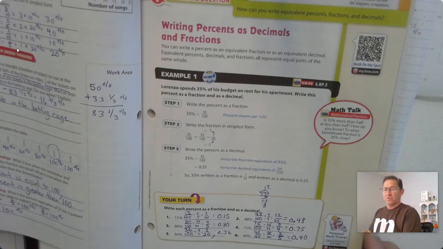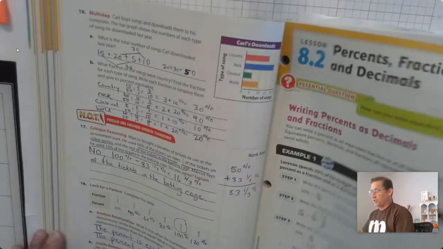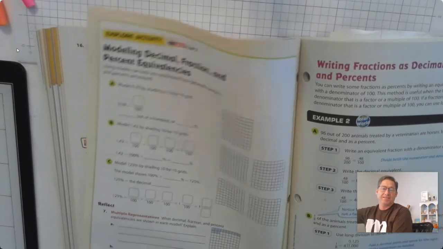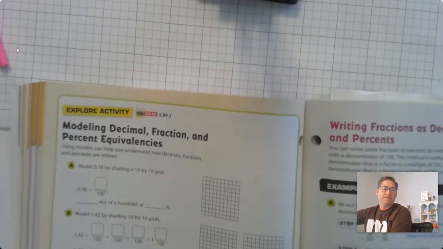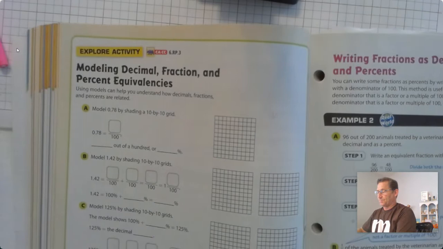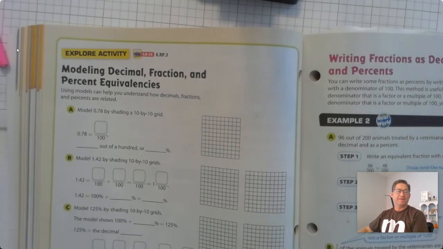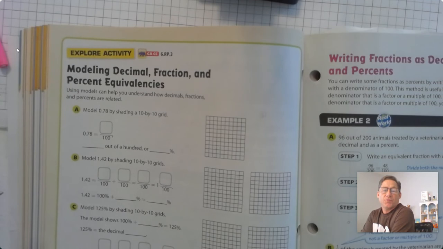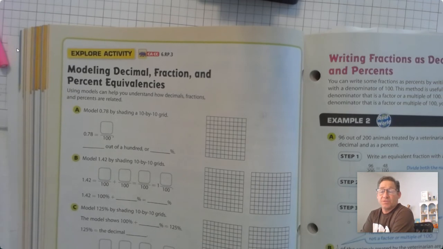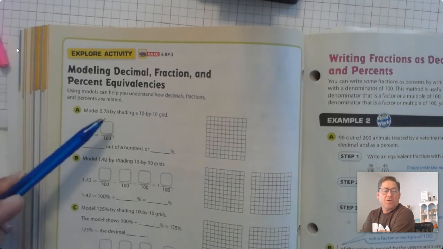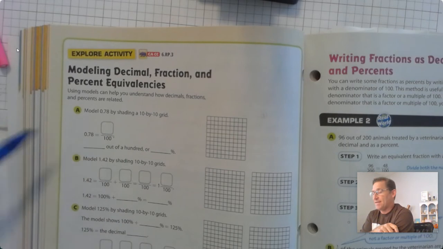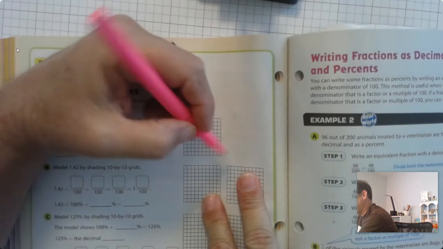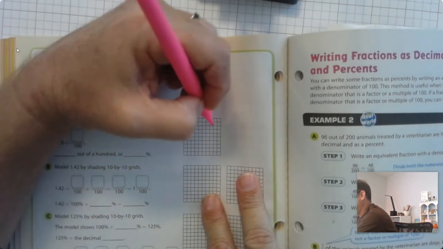All right, so that's great when we can make a fraction into 100. It's real simple to convert it into percent and decimals. All right, so let's look at part A of the Explore activity on page 212. Use models to help you understand how decimals, fractions, and percents are related. So let's model 78 hundredths by shading a 10 by 10 grid. 78 hundredths means 78 out of 100.